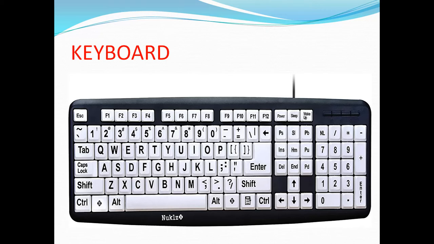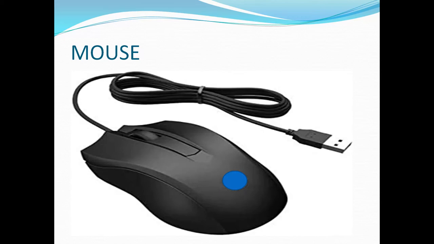So the next device is mouse. Mouse is also an input device. It is a handheld pointing device that detects two-dimensional motion relative to a surface.